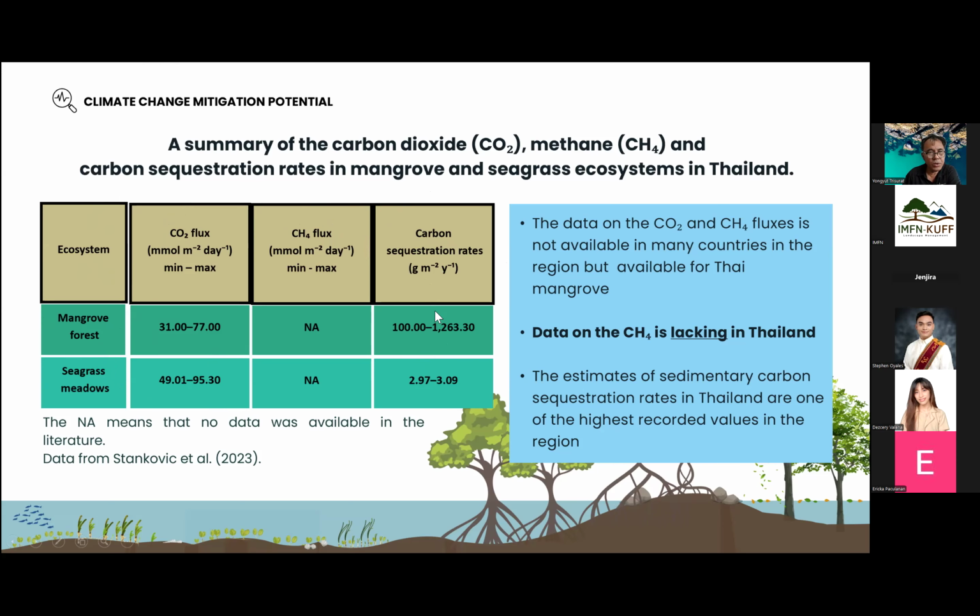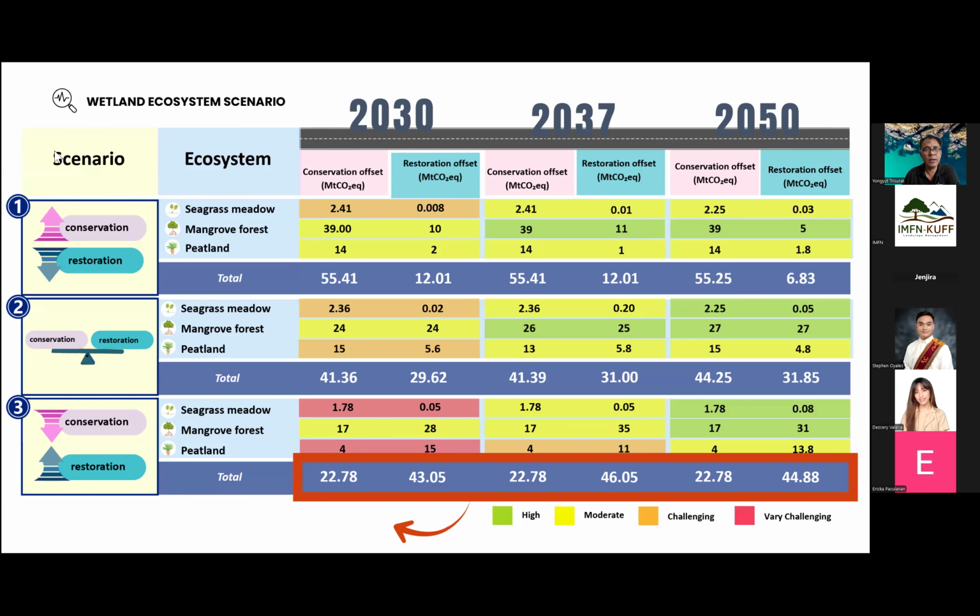It shows clearly that there is a big contribution from this country. Even though this information is usually not available in many countries, in Thailand we have good data, especially for mangroves, but methane storage is still lacking. So we need more research.